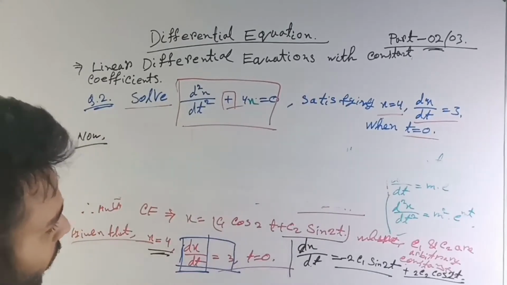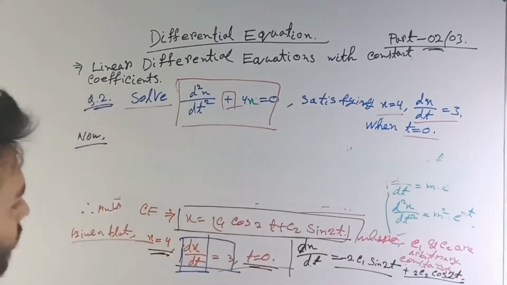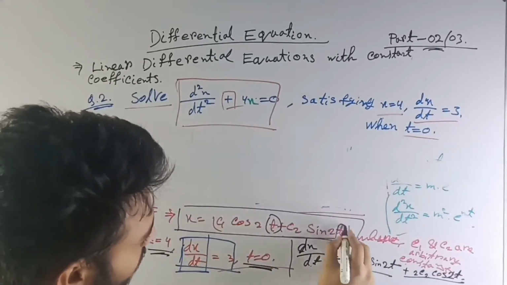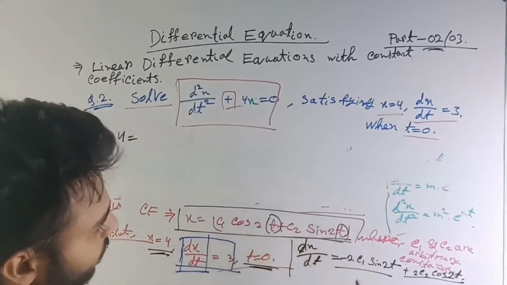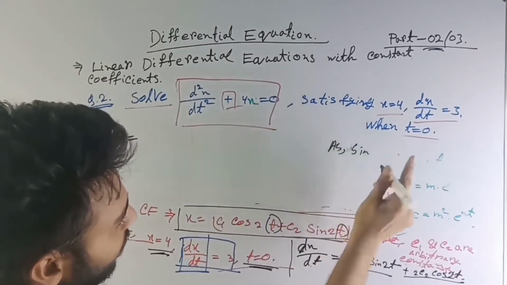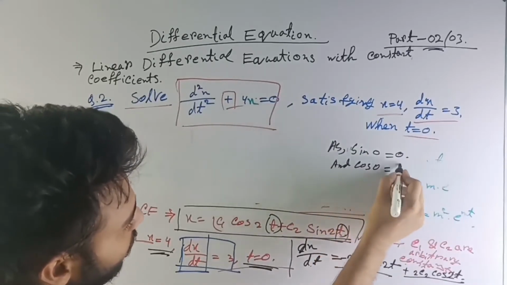Now x = 4 and t = 0, so we write it in this equation. Here t = 0, so we know sin 0 = 0 and cos 0 = 1.